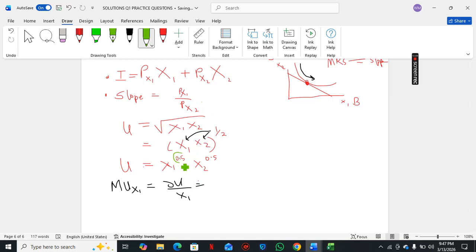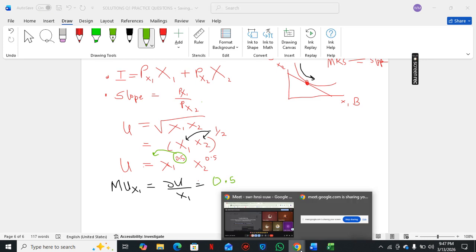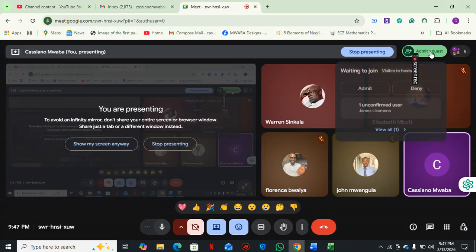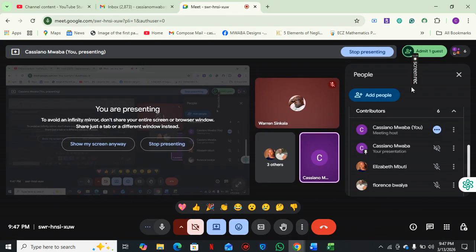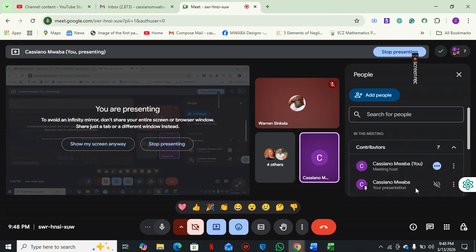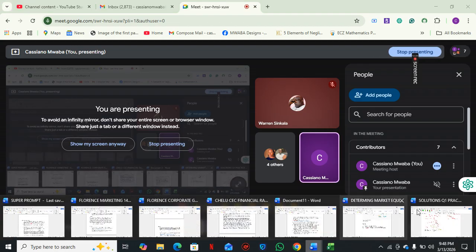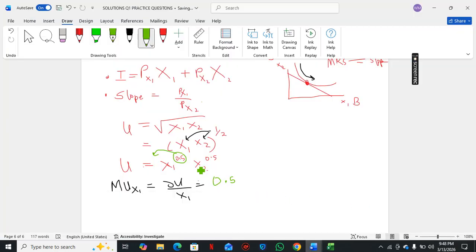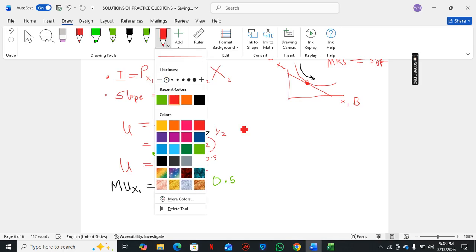So this is 0.5 multiplied with the number in front of the letter, which is a 1. 0.5 times 1 gets 0.5. x to the power 0. x1.